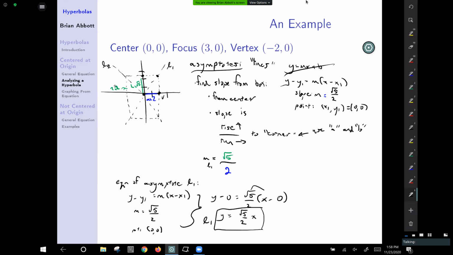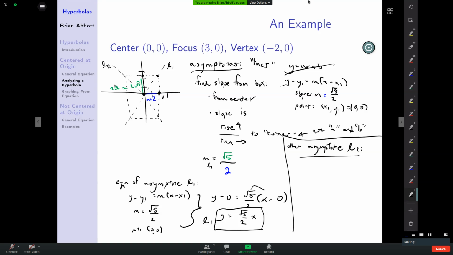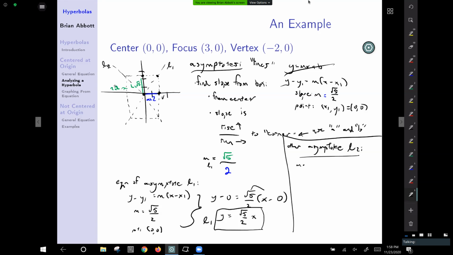And so let's see the other asymptote, let's call this L2 over there. What is our slope here? Well, you rise in the direction of b, so you rise root 5 over run. What's the change in the horizontal direction?